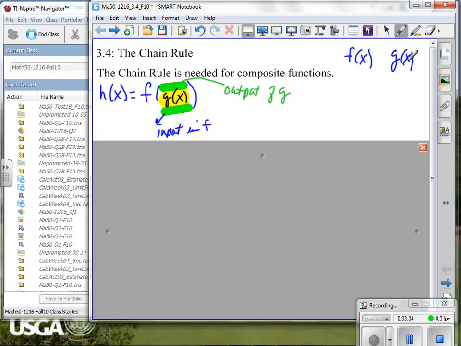By the way, what's the role of x in g of x? It's the input. So I have an action g that I begin with, put something in, and I get something out. And what I get out of it is g of x. And then I take that result, I put that as the input into my second action, and so where I left off with g of x is my starting point for the action f of x.